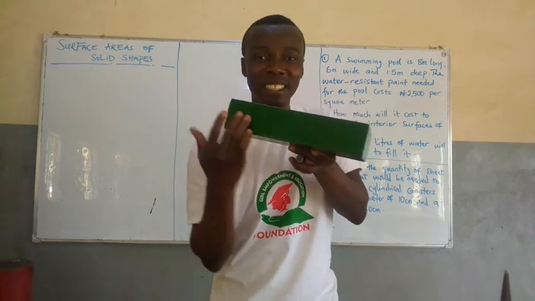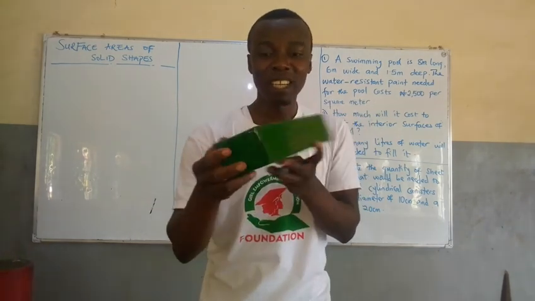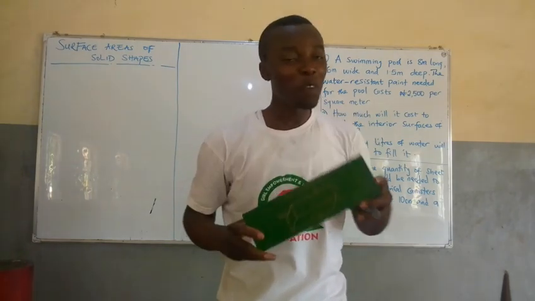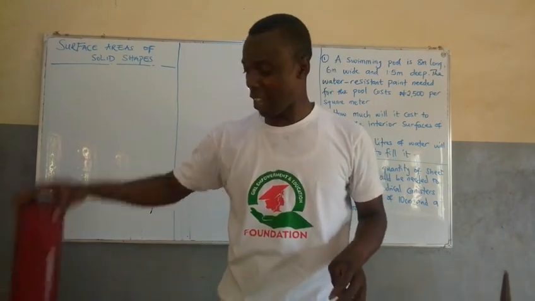Likewise, this surface is also equal to this surface. Finally, this is also equal to this. So if you know a cuboid very well, you'll be able to find the surface area.